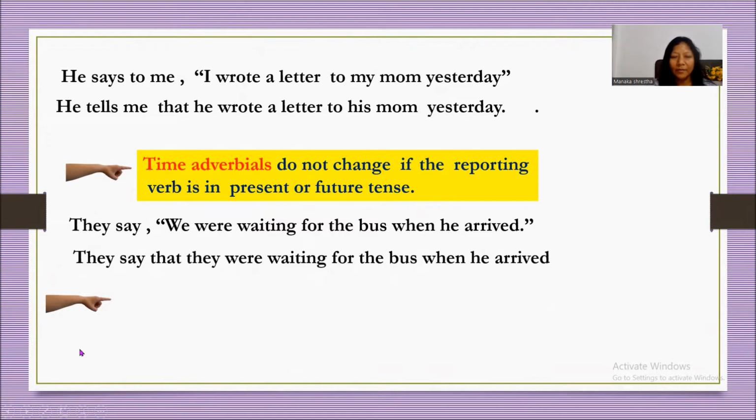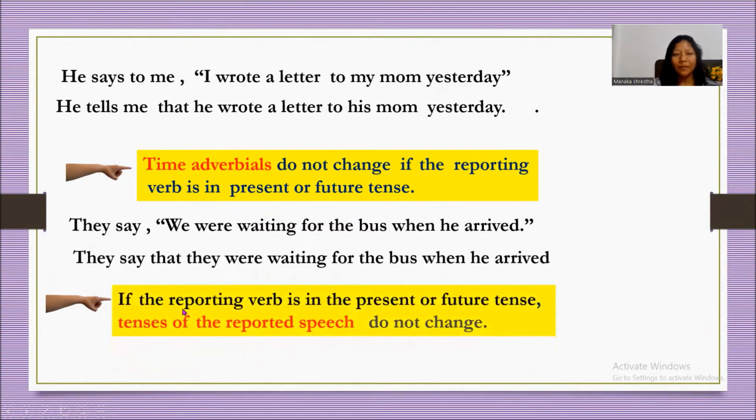So why? Here is the rule. If the reporting verb is in the present or future tense, the tense of the reported speech does not change. So say is the reporting verb, it is in present tense, so we don't change the tense of the reported speech. So you can see here, we were waiting.